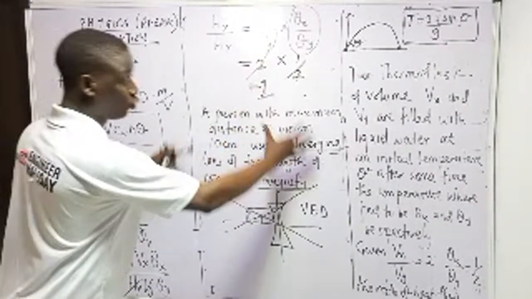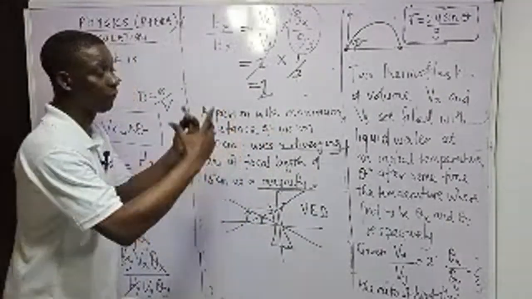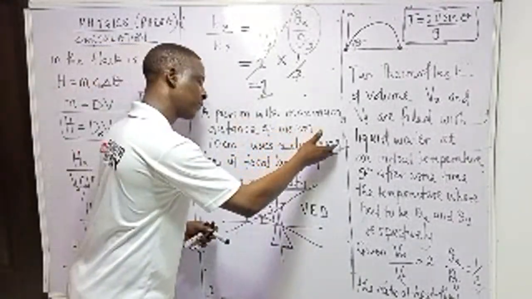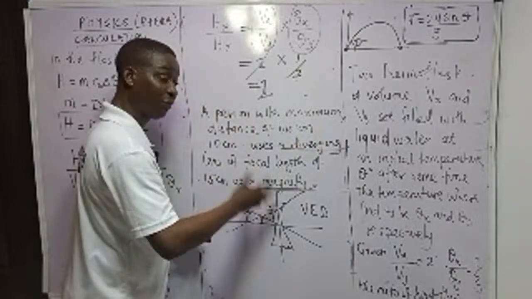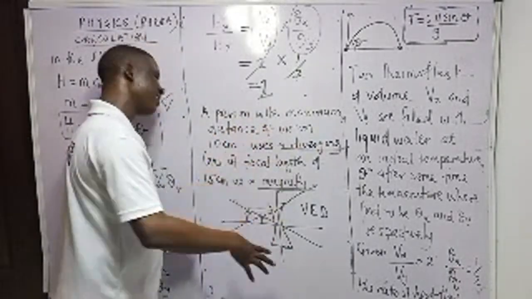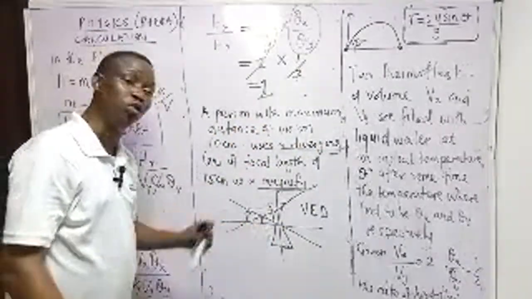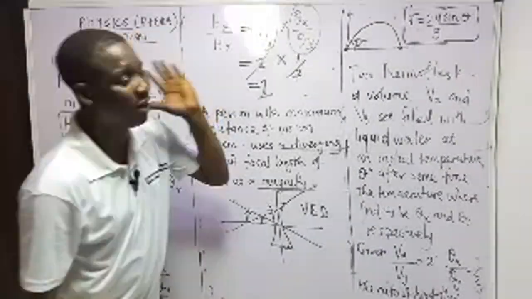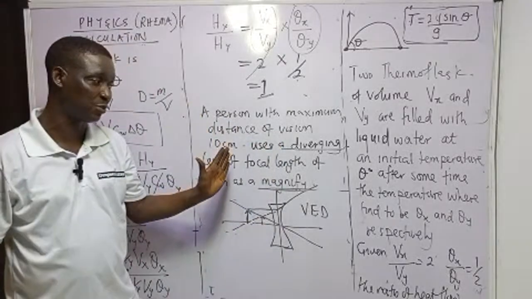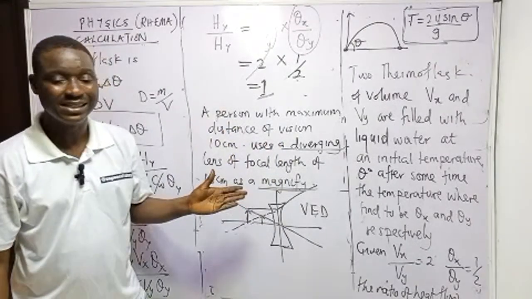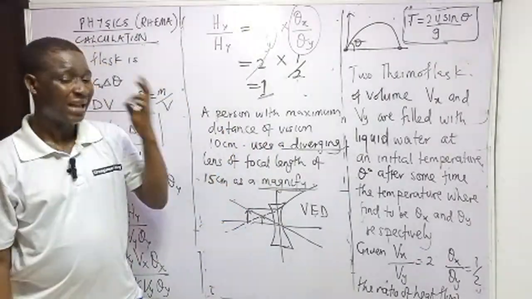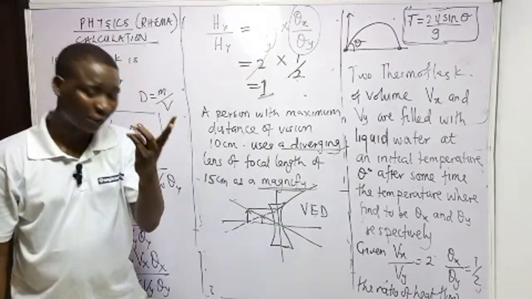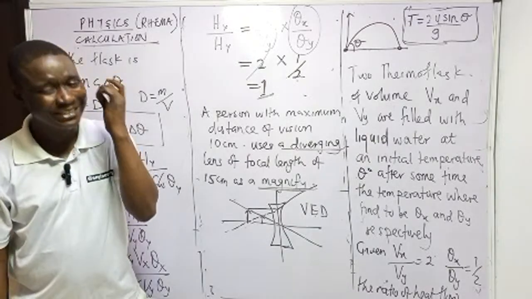But the way you gave it to me now, I cannot draw the diagram of this question and analyze it, because it cannot be used as a magnifier. Don't forget the image formed by a diverging lens, which is what we call a concave lens, is virtual, erect, and diminished.